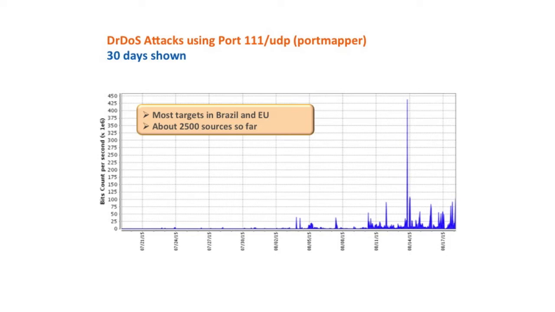So it's not as bad as some of the other situations we've seen, where there have been tens of thousands, hundreds of thousands of sources. That was my primary concern when we started looking at this: how many devices are out there responding to port mapper, and it appears that it might not be a huge number. So that's a positive sign so far.